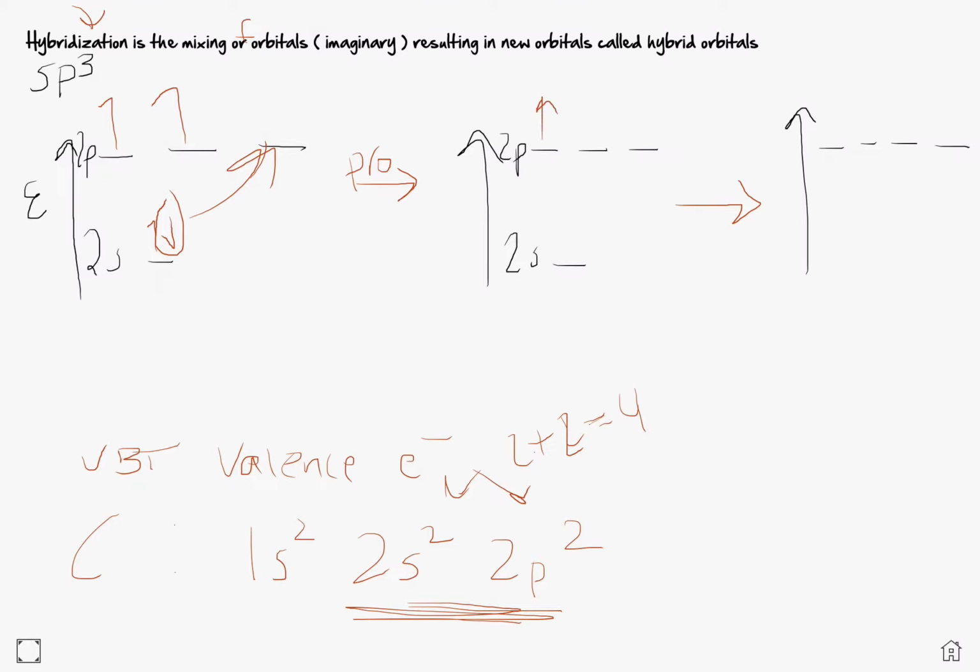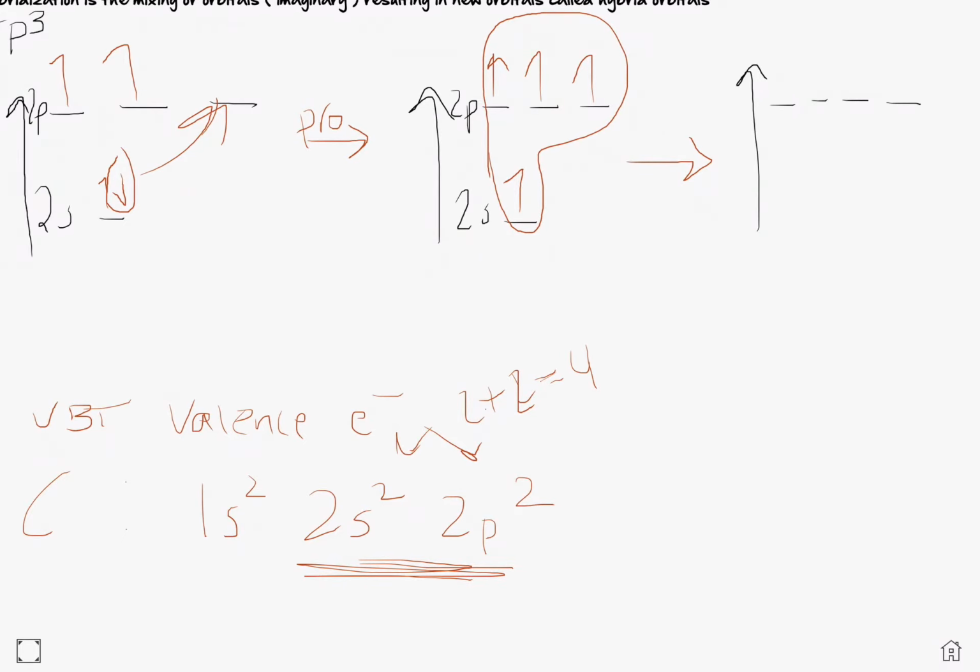If we promote, that means all these together look the same, and through that they can hybridize to form 4 sp3 orbitals.